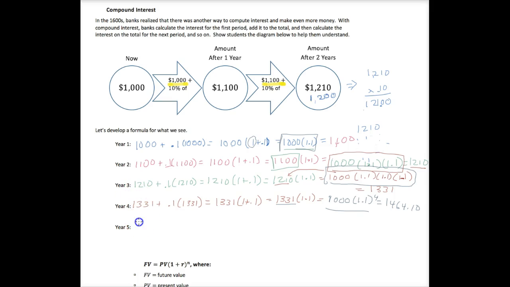So the year 5, believe it or not, is as simple as saying 1,000 times 1.1 to the 5th, which gives us a value of $1,610.51. Now we saw in the earlier problem that year 5 with simple interest was $1,500. So this is compound, and this is simple. You choose.